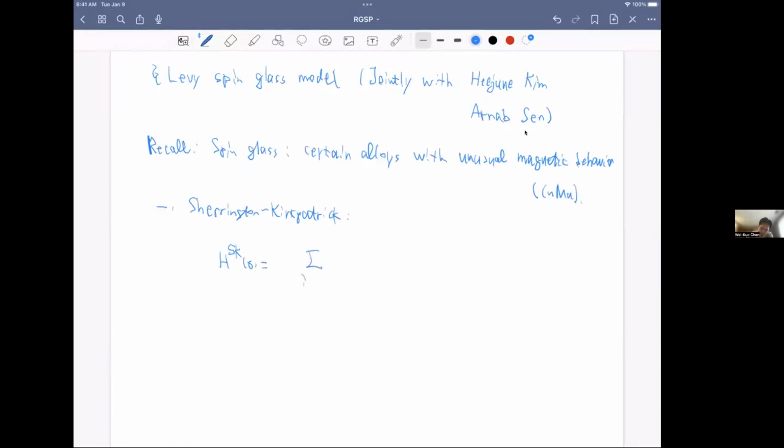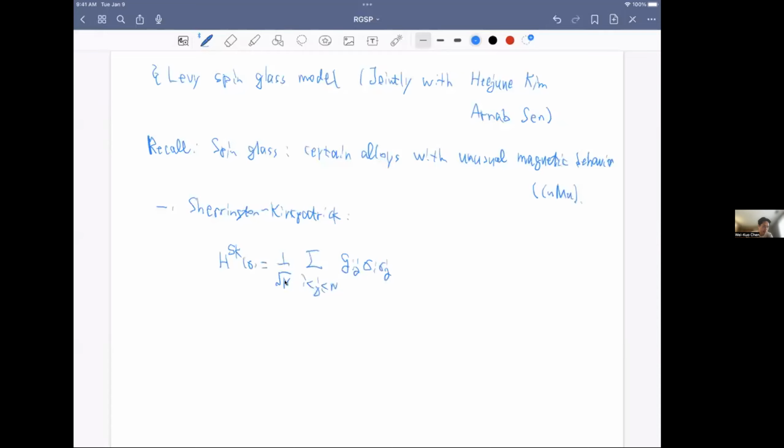I sum over all pairs ij, with a random variable gij in front of the spin interaction, normalized by 1 over root n. This normalization makes sure that for each single spin, the total interaction is of order 1.